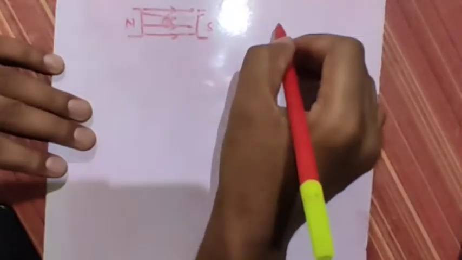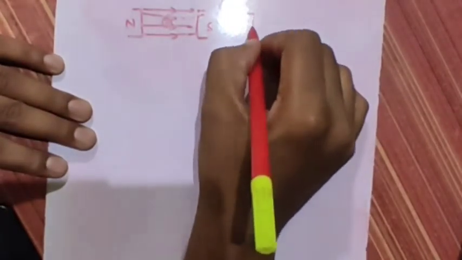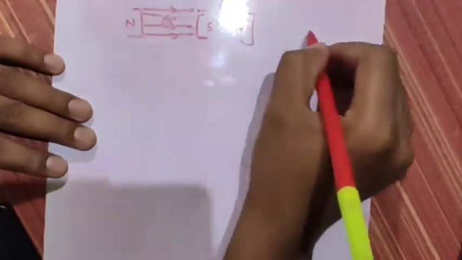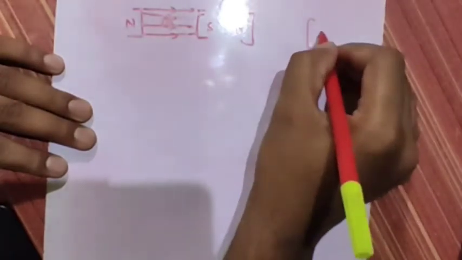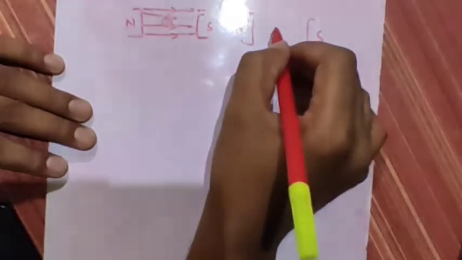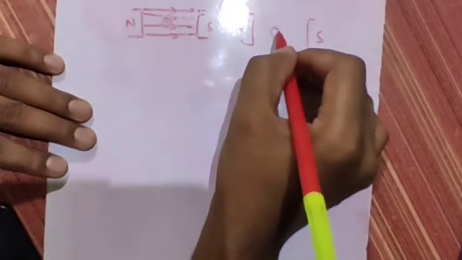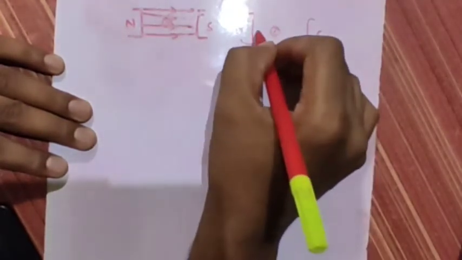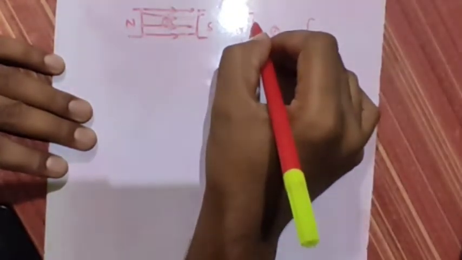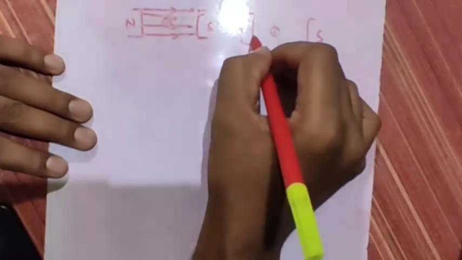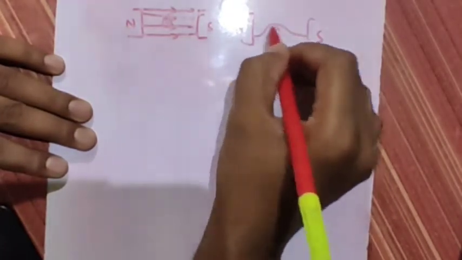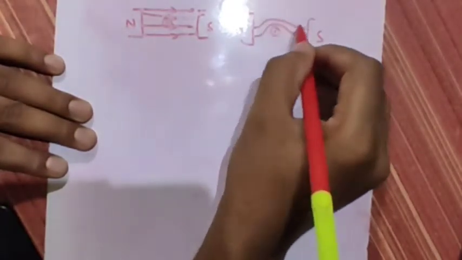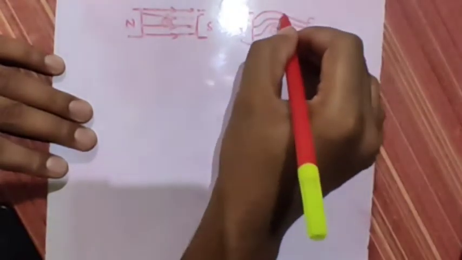So the figure is North Pole and South Pole. A conductor is placed here, and the figure looks like this.